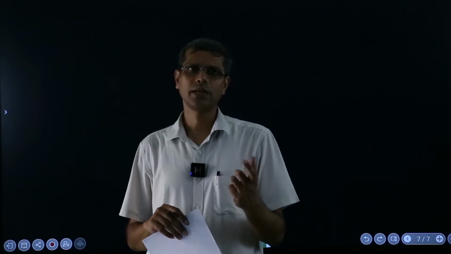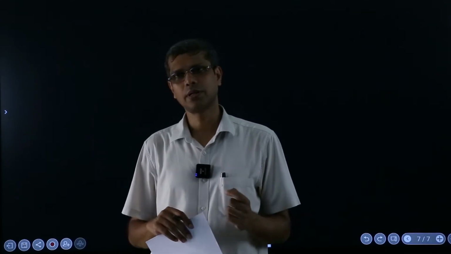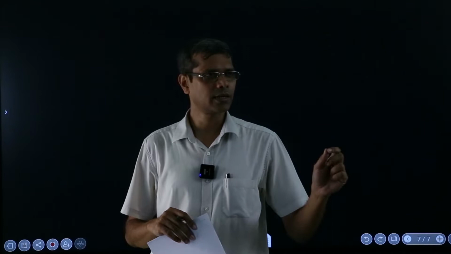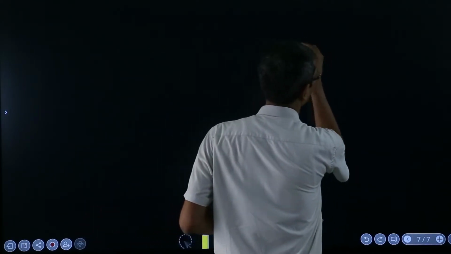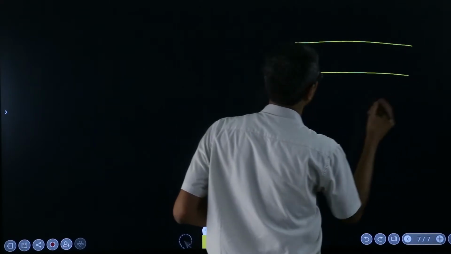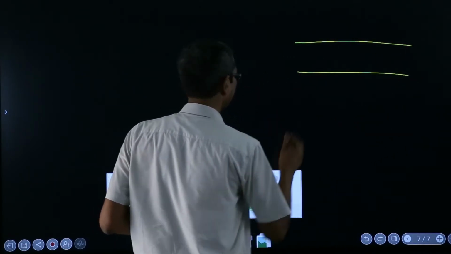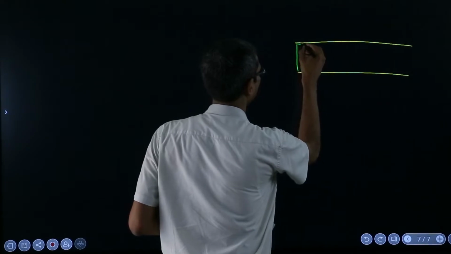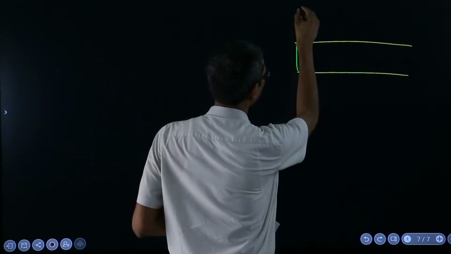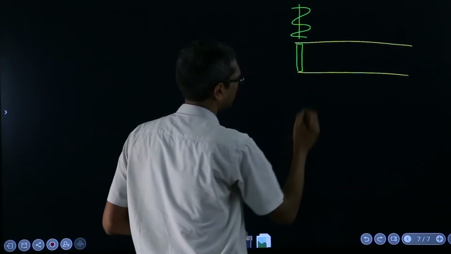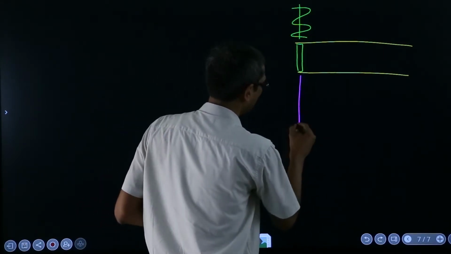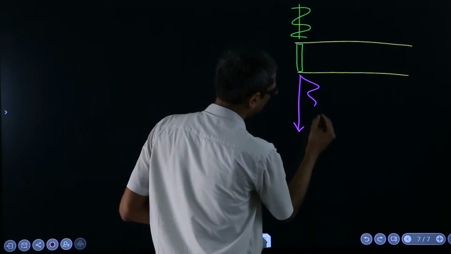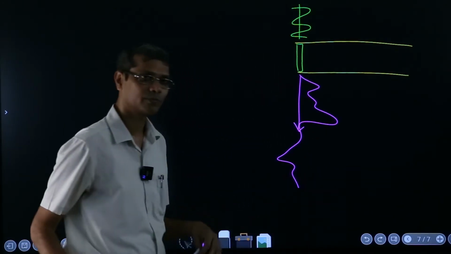Now you should be able to think what will happen if I oscillate that piston with some random shape. Say suppose this is the tube and you have the piston. Earlier you were oscillating it like a sinusoid, but now suppose you oscillate it like this.